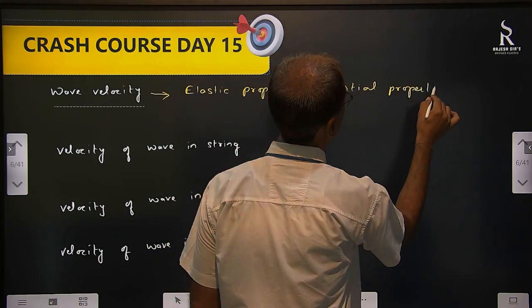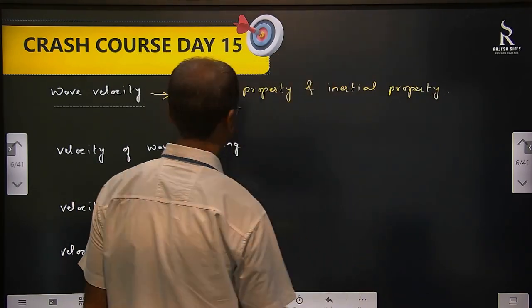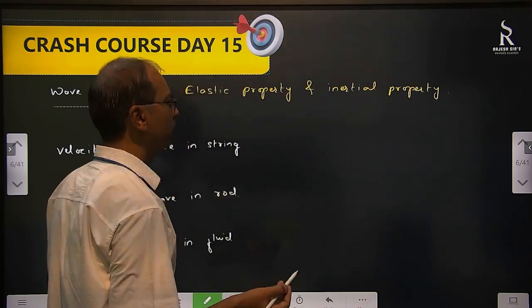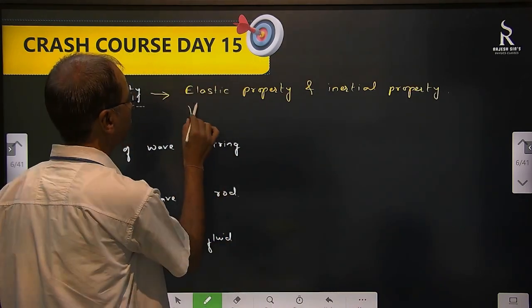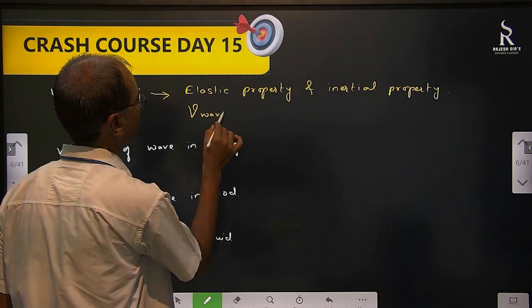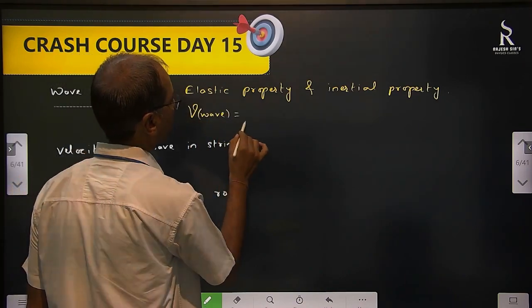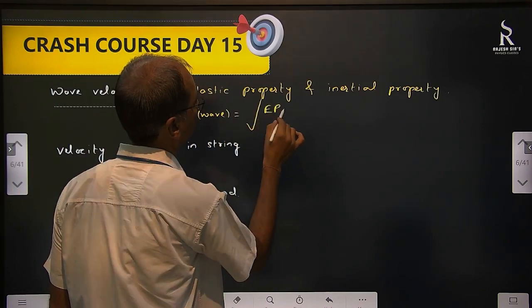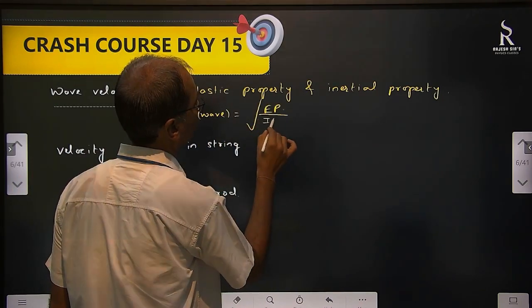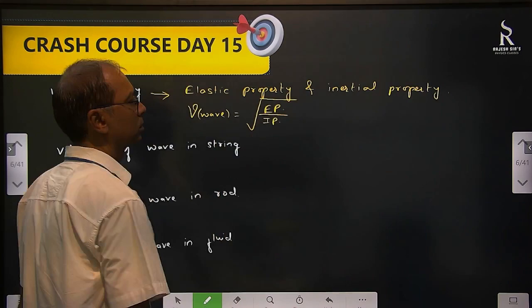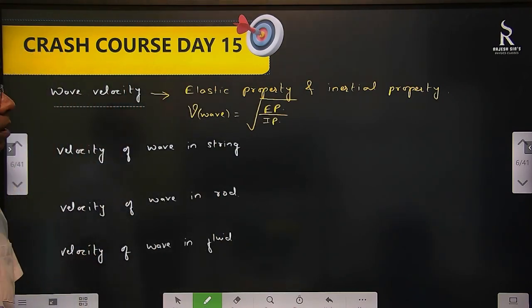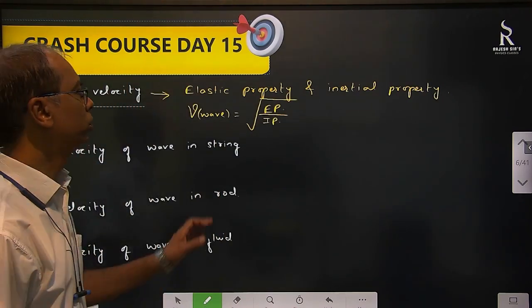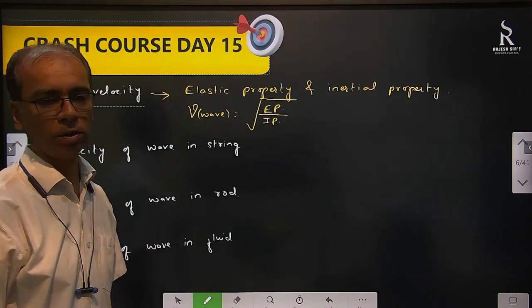So the velocity of wave, here in a string, in fact velocity of wave in general also, is root over elastic property by inertial property.